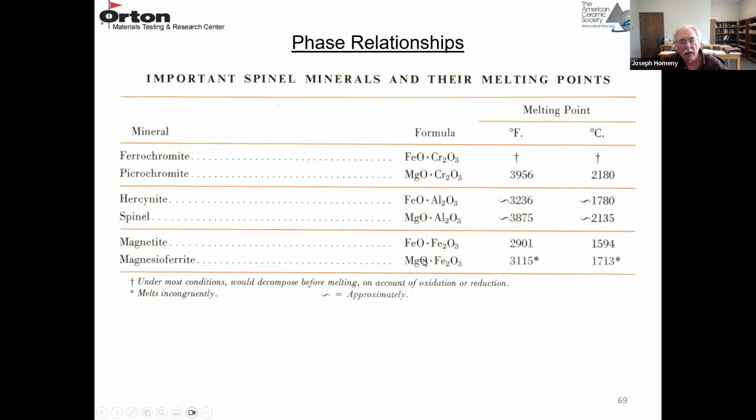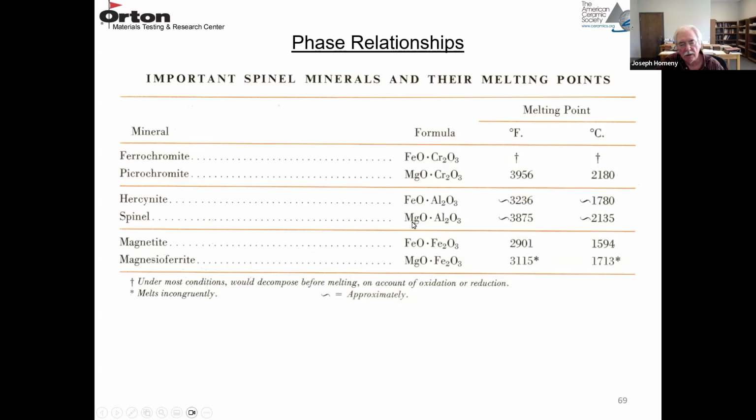So these are the 6 spinels that I mentioned and their melting points. So FeO Cr2O3, they didn't really show a melting point here because of this oxidation reduction issue. So they're looking at a decomposition of FeO Cr2O3 because FeO oxidizes to Fe2O3. But this spinel MgCr2O3 is 2180 degrees C. FeOAl2O3 is 1780 degrees C. This is actually spinel.